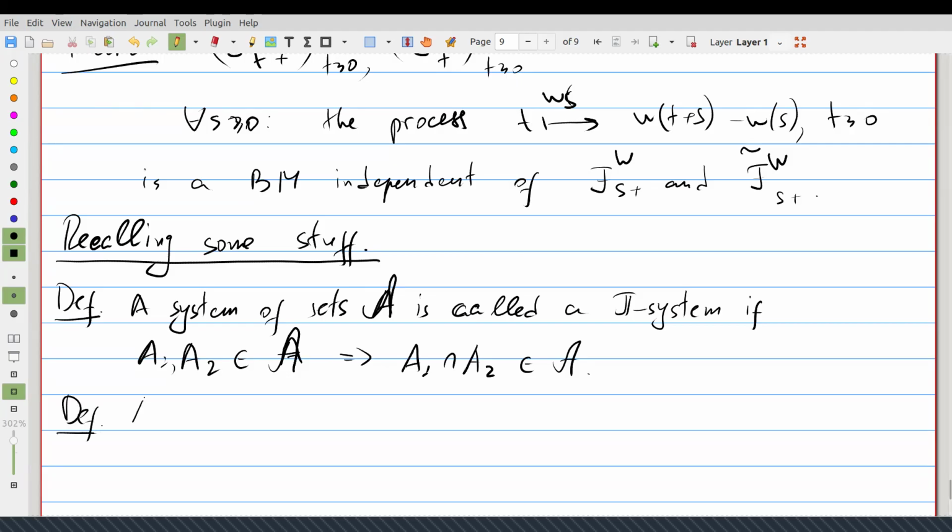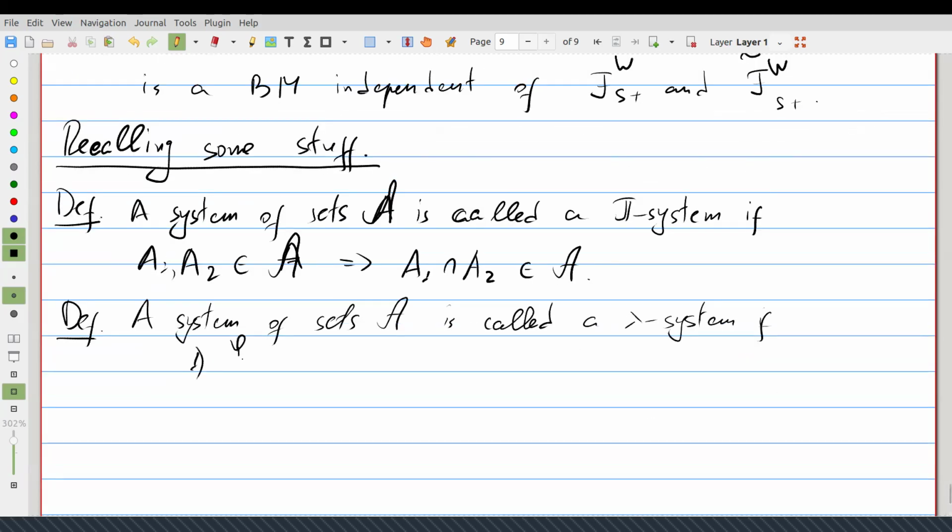And a system of sets A is called a lambda system if the following three conditions hold.